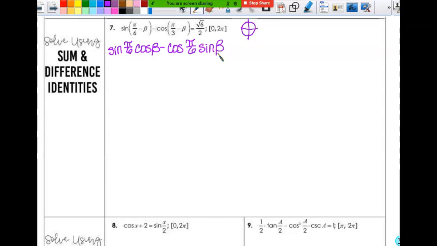Then I'm going to subtract cosine of pi thirds minus beta. So I look on here and I find cosine of a minus b. Then I substitute that. That's going to give me cosine of pi thirds times cosine of beta plus the sine of pi thirds times the sine of beta.